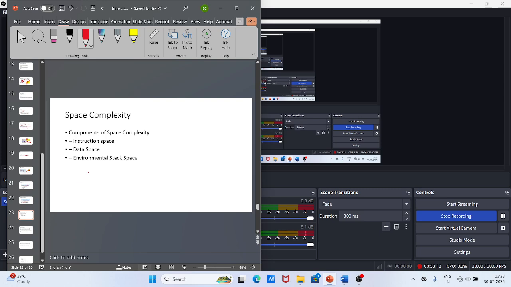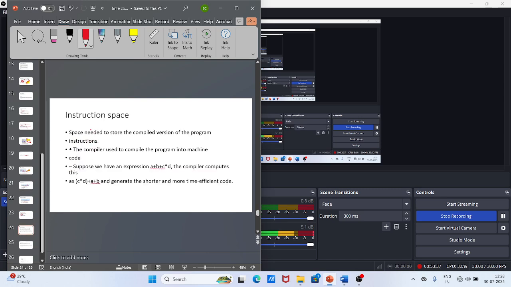This includes space of instruction, space of variables and data, and stack space or function call, especially in recursion. How much space is required to run the program? Now come to them one by one: instruction space, data space, environment stack space.